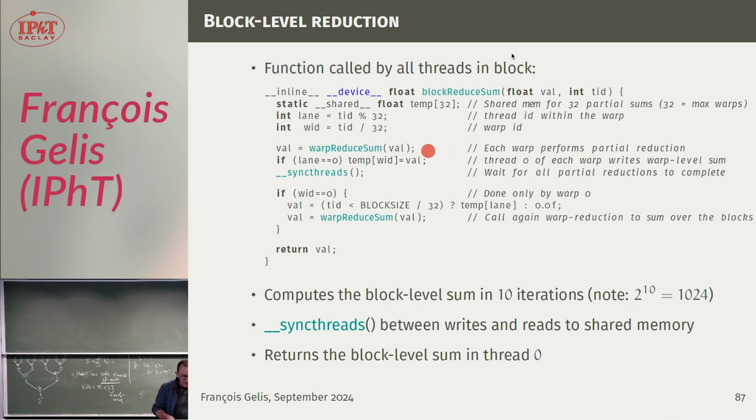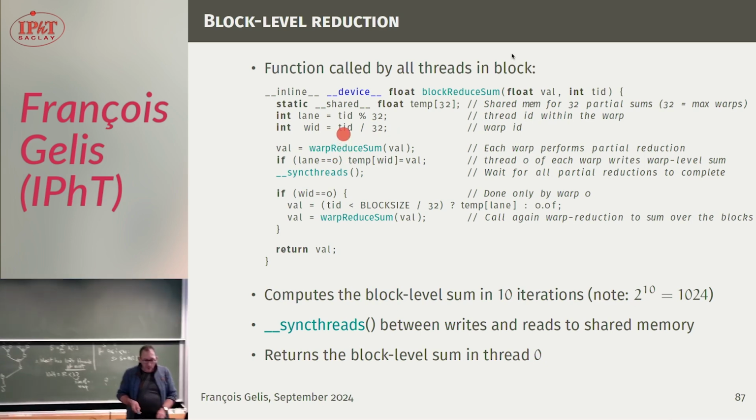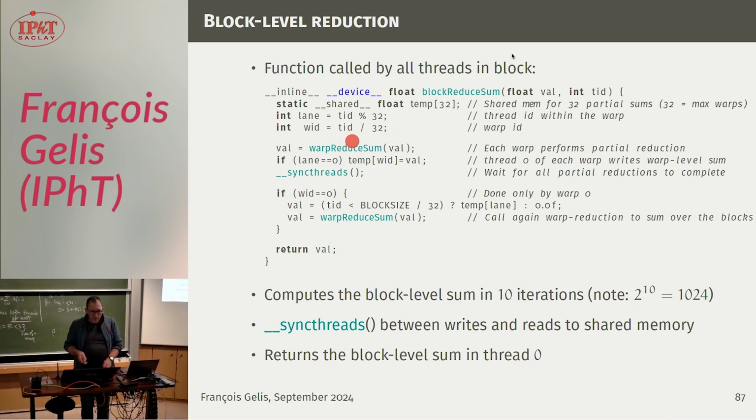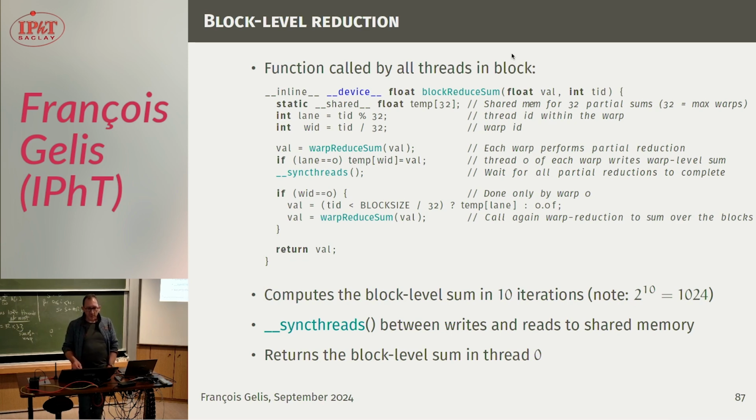So now there is a little bit of juggling with the indices. The first one takes the remainder of the division by 32 of the thread index, and that gives you the thread index within a warp, so it's a number between 0 and 31.